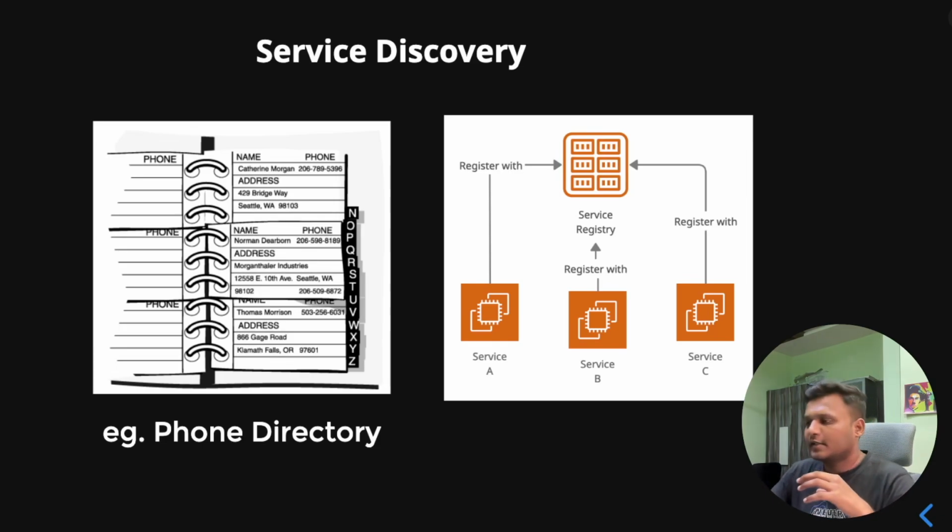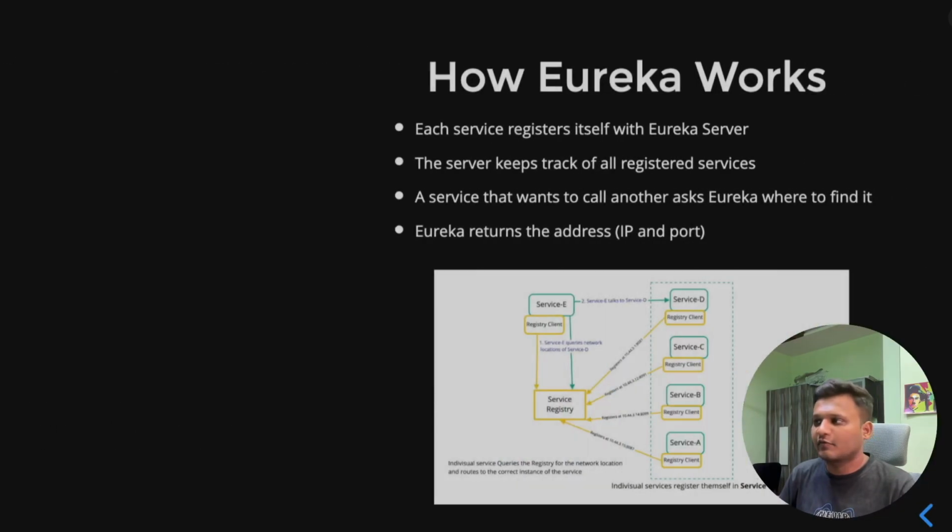So in the image you can see there are services A, B, C, and those are registered in this service registry. So if I want to know about service A, I just go to the service registry, and from that service registry I will get all the information about service A. So that's about how service discovery works.